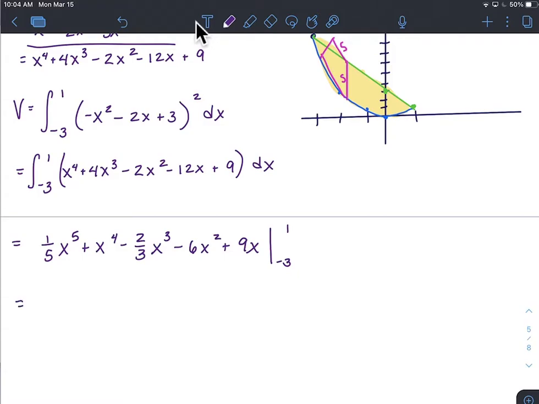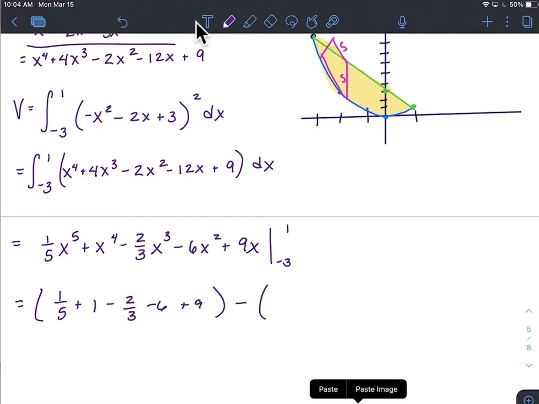Okay, so 1 is pretty easy, right? So we got 1/5 plus 1 minus 2/3 minus 6 plus 9 minus, okay. Whew, I was definitely silly to do this without a calculator. Whatever. We're just going to keep doing it for this one. Maybe we'll throw a calculator on there for the next one.